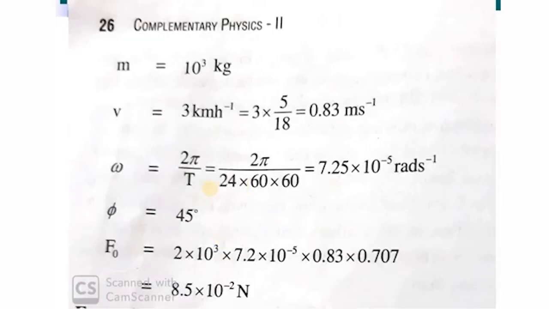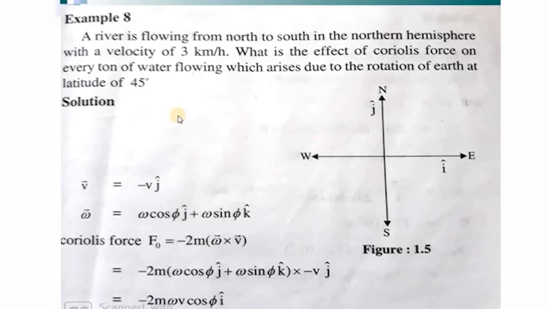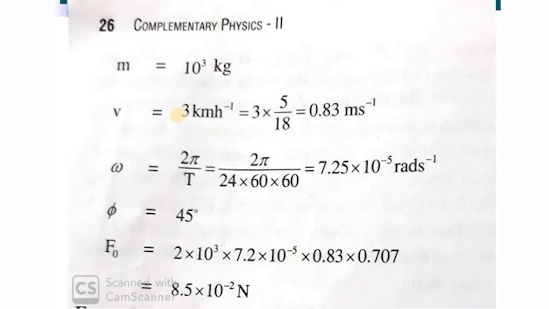Mass is 10 raised to 3 kilogram, that is, every ton is assumed, so mass will be 1000 kilogram, 1 ton. And velocity is 3 km per hour, and we have to convert it into meter per second.